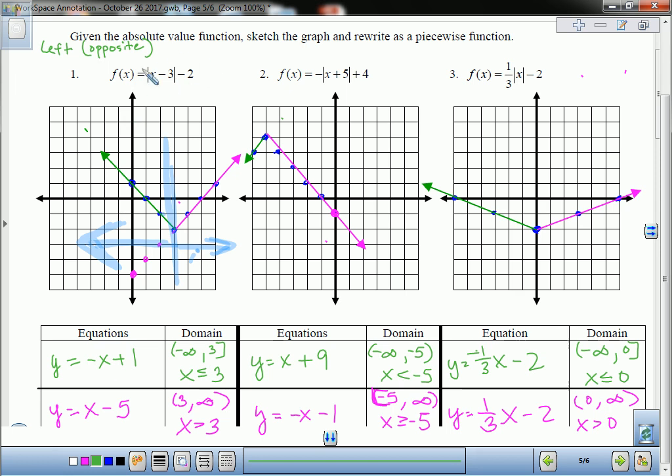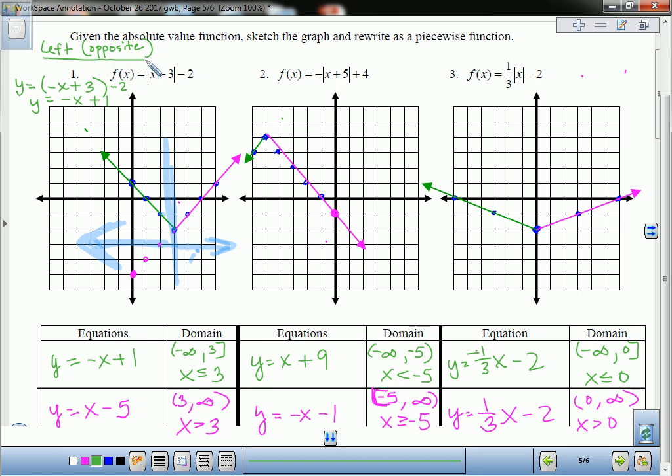If I were to take this equation and just do the opposite of everything in the absolute value, the x becomes negative, the 3 becomes positive. Do you see how I did the opposite of everything? And then I subtract 2 from that. I get this equation when I add like terms: negative x plus 1. What did we get down here? Negative x plus 1.